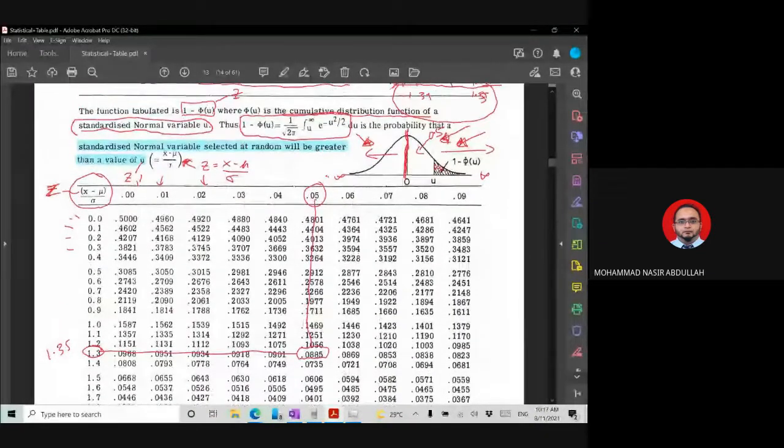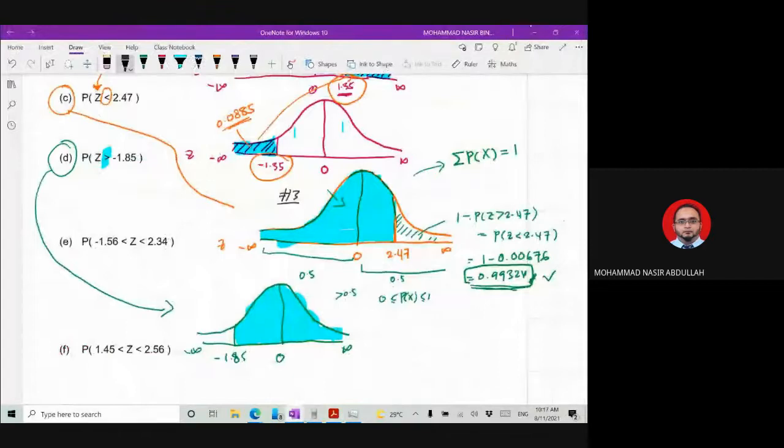So now, let's modify this one. So we know from the prior knowledge, the area on the right hand side is equal to the area on the left hand side. So this is 0, 1.85, right?